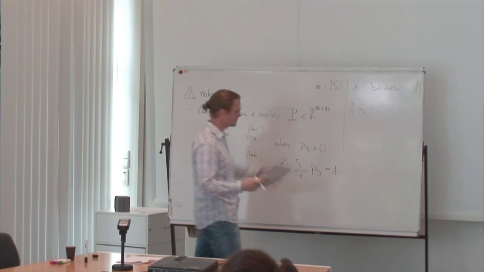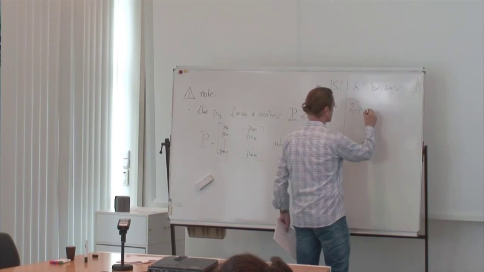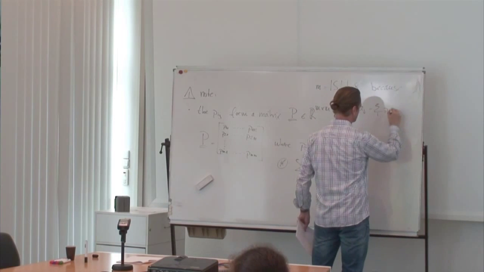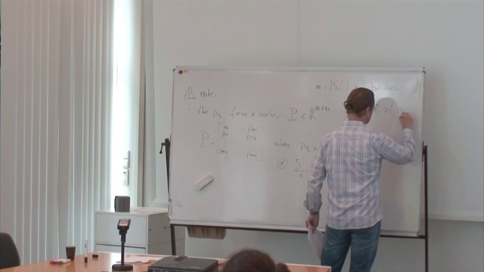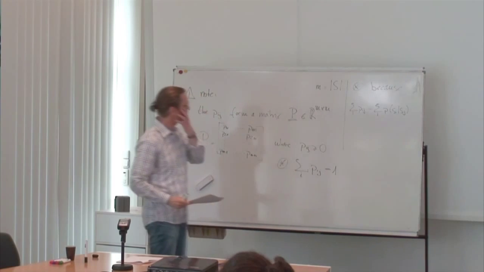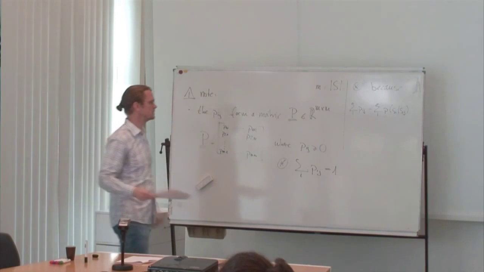But we have agreed that this P_ij is just a shorthand for the probability of transiting from state Sj to state Si. No big deal here.